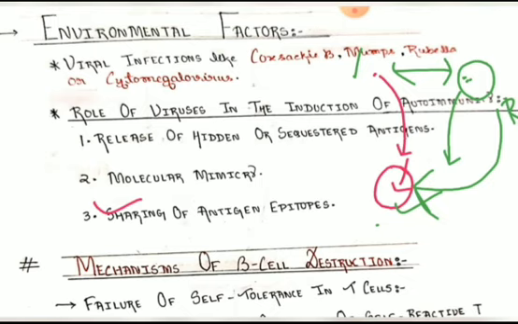So the sharing of the antigen epitope: the virus which had caused an infection earlier in life and the virus which is causing an infection now share the same epitopes. So the immune response generated against the present virus can also be reactive against the one which had affected earlier and is still persisting in the beta cell, therefore leading to beta cell destruction.